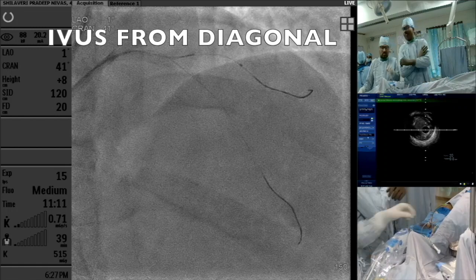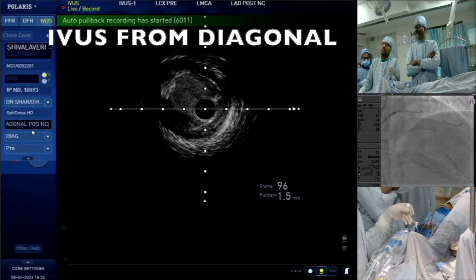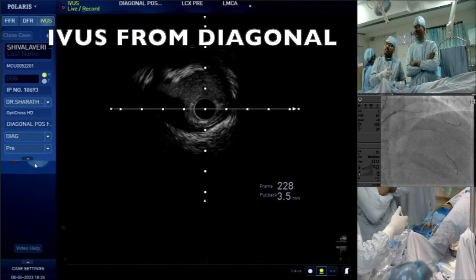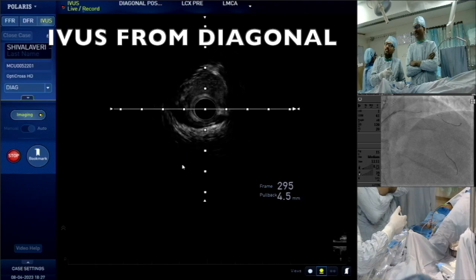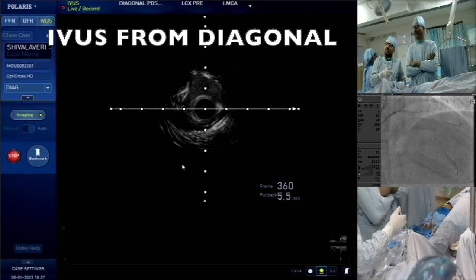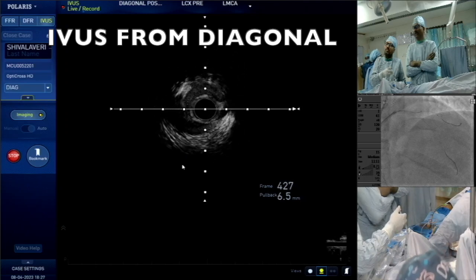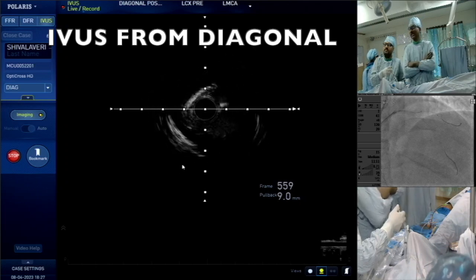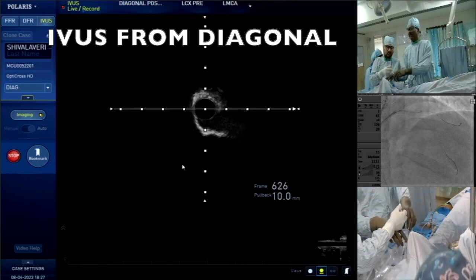Please inject. Some amount of fibro, there is some fiber dissection with a fibrocalcific block here.